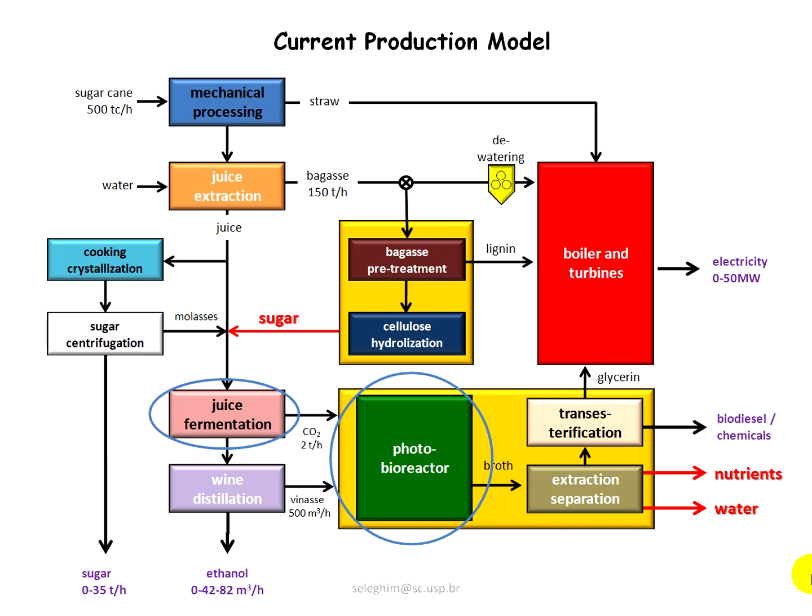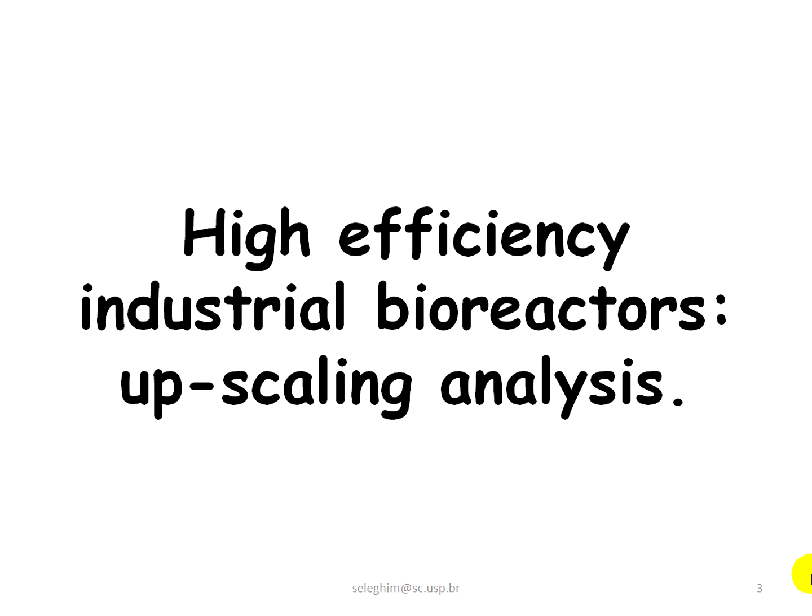So I'm going to talk about efficient large-scale bioreactors, which are applicable here, and also in enzyme hydrolyzation and production. Now I want to focus on the development of high-efficiency industrial bioreactors, and in particular, I want to show and explain some upscaling analysis.